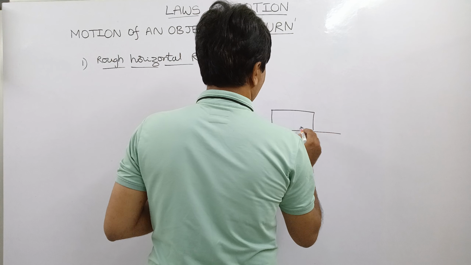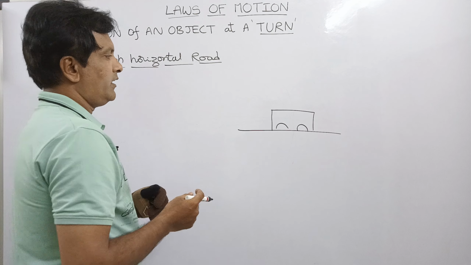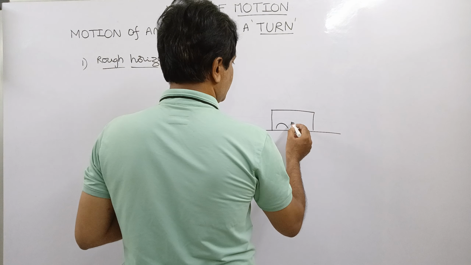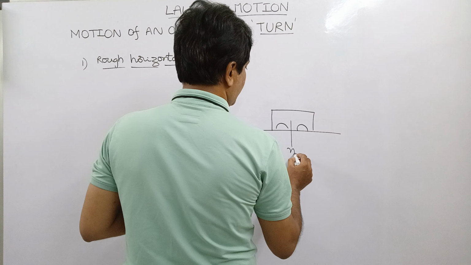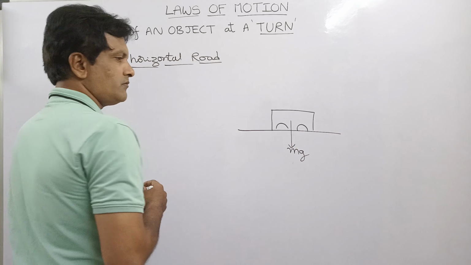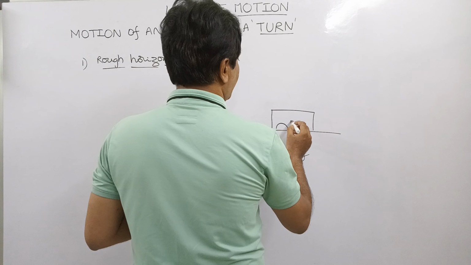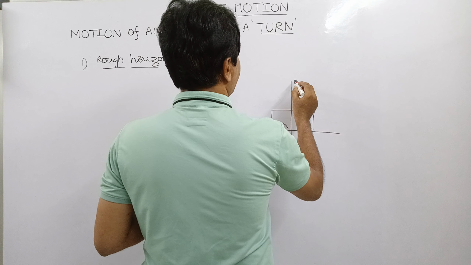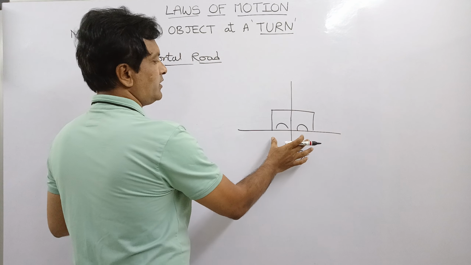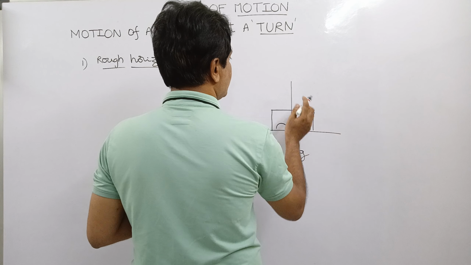Suppose I take a car moving on a horizontal road. The weight of this vehicle will be acting downwards, and in the same way the normal reaction will be opposite to that weight, perpendicular to the surface.